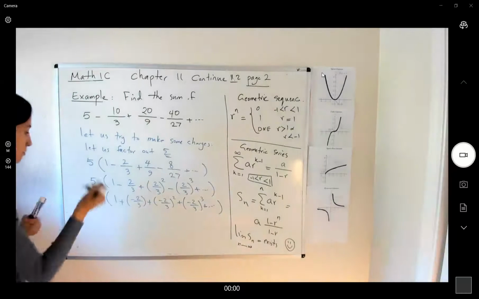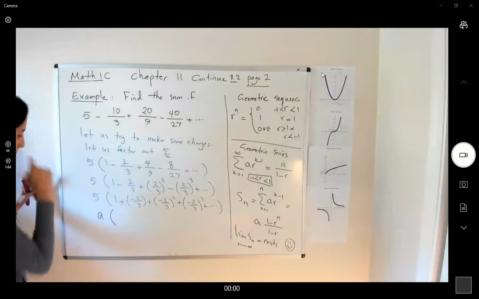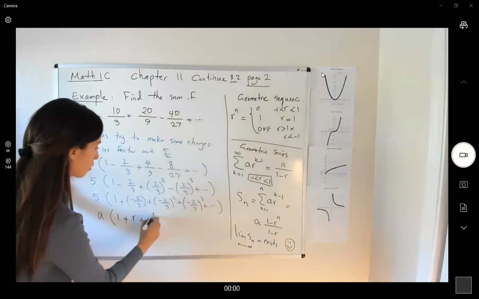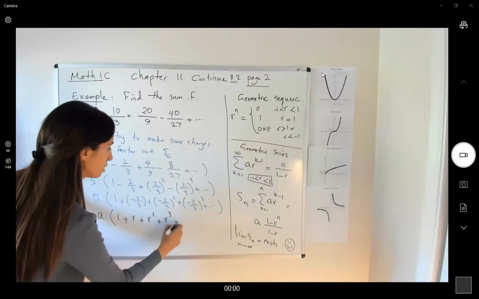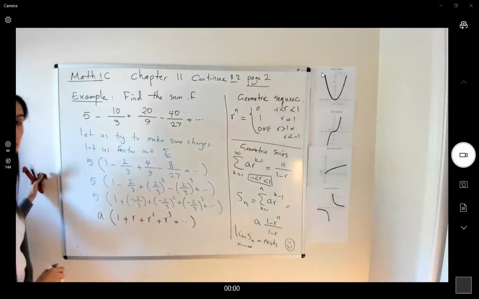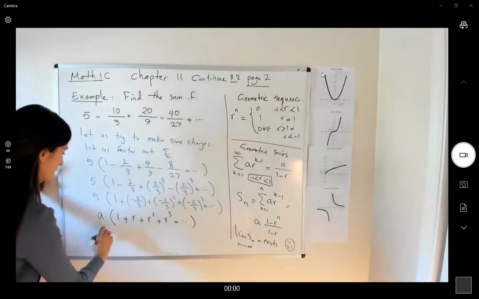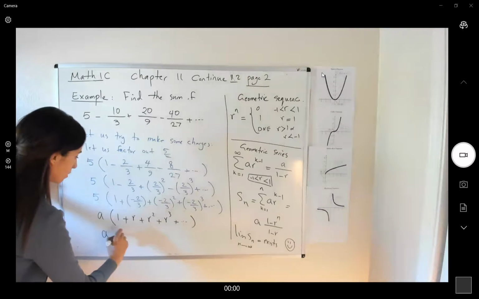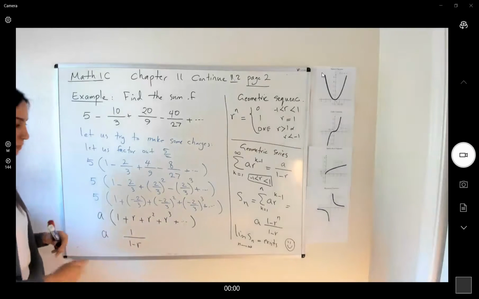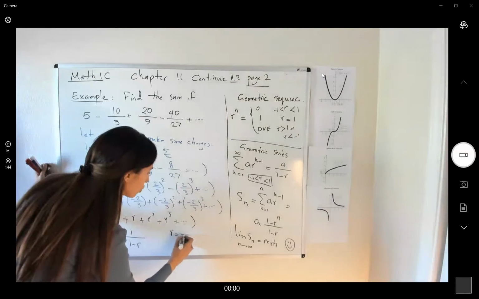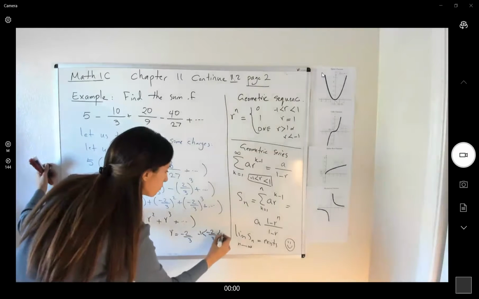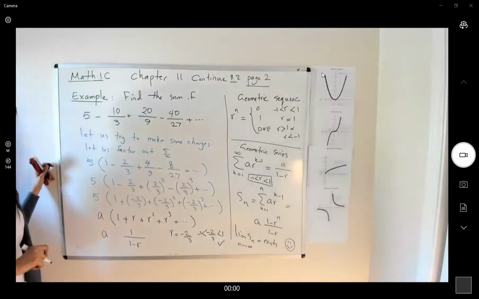I have a times (1 plus r plus r squared plus r to the third plus the rest). This is a geometric series, and it is equal to a times 1 over (1 minus r). Note that your r, your ratio, is negative 2/3. Negative 2/3 is between negative 1 and 1, so I'm happy.